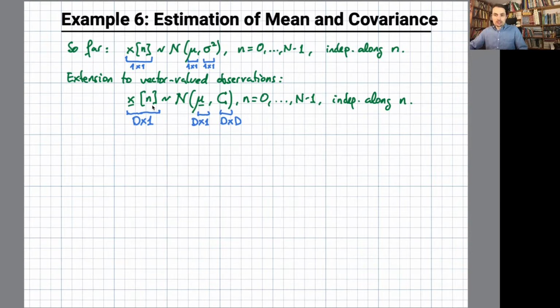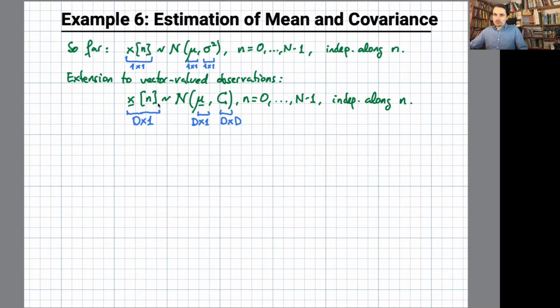So at every time instant, an inertial measurement unit provides 6 numbers, right? And therefore, it makes sense to form a vector of dimension 6 and call it x bar of n, right? So in general, it will have dimension capital D, okay?